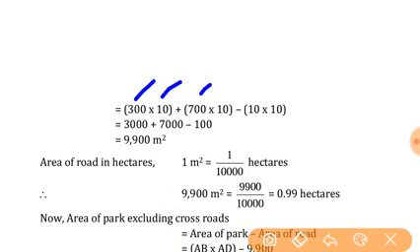If you substitute, you get 9,900 meter square.